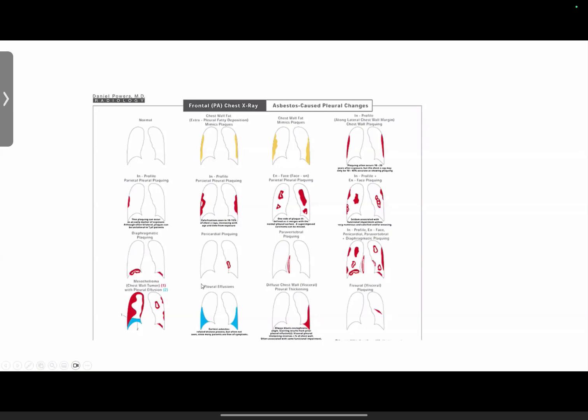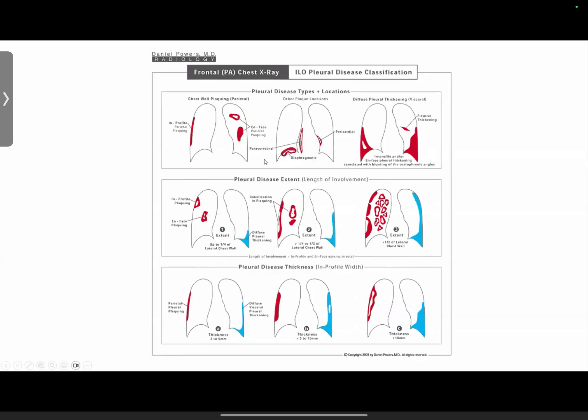We have pleural effusions, mesothelioma here, as you can see, is more along the lower lung base. We have fissural, visceral plaques, and other small changes that can occur with asbestosis causing pleural changes. This is pleural disease classification here.